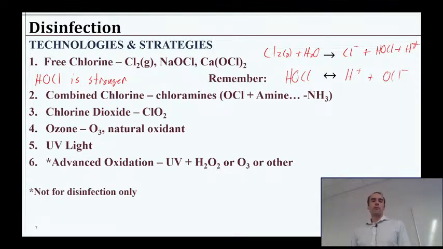We could also get it from adding NaOCl, or CaOCl2. All of those work. We're adding one form or the other of OCl, and OCl- is going to be in equilibrium with HOCl. Okay, so that's free chlorine. If I ever talk about free chlorine, it's those guys, right? No matter how we get there, it's some form of HOCl and OCl-.